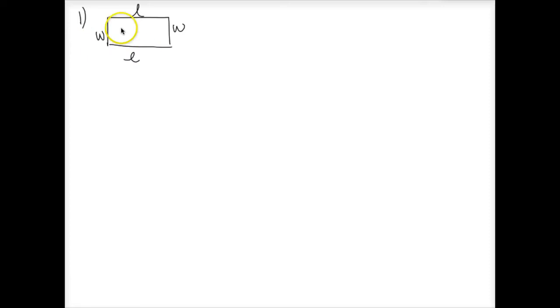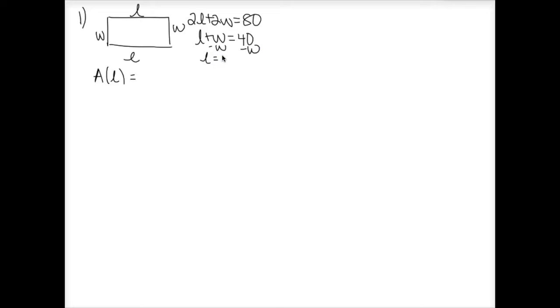So 2L plus 2W equals 80, which means that L plus W equals 40. Because you can only use one variable, it said write the function A of L, so you're only using L. So solve for W in terms of L.